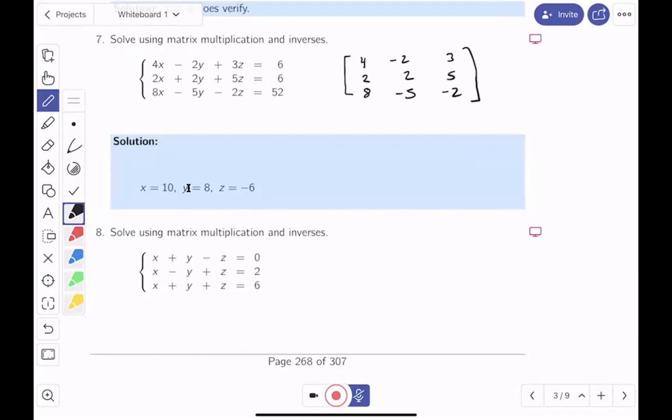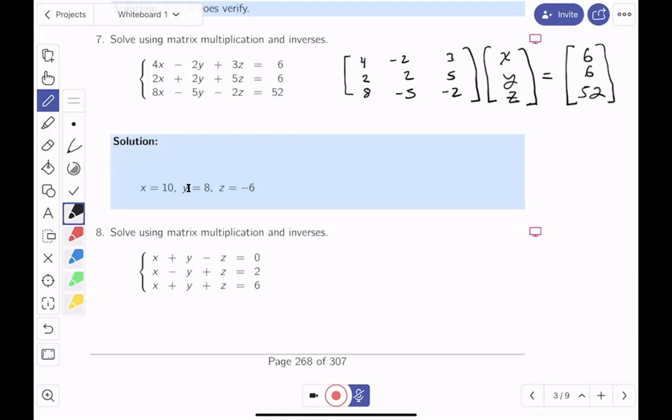Now we're going to put down the variable matrix, which is x, y, and z. And we're going to put down these constants, which is 6, 6, 52.